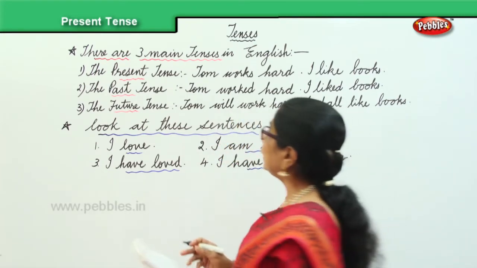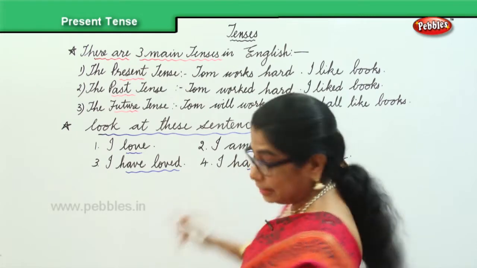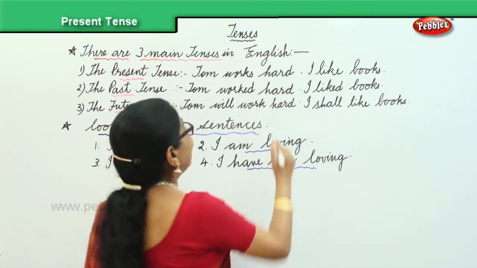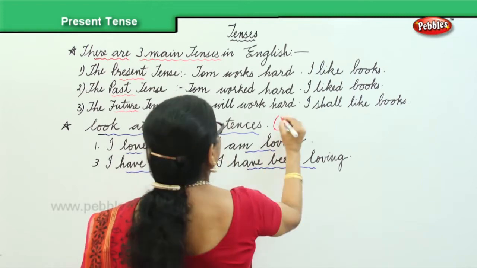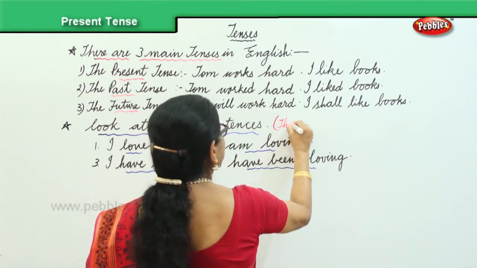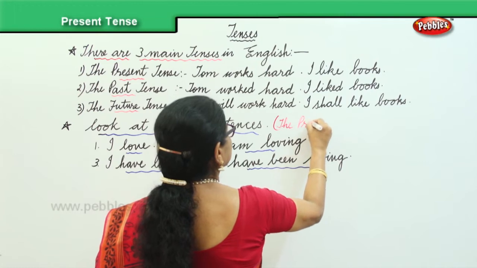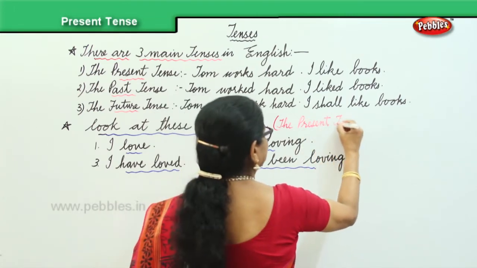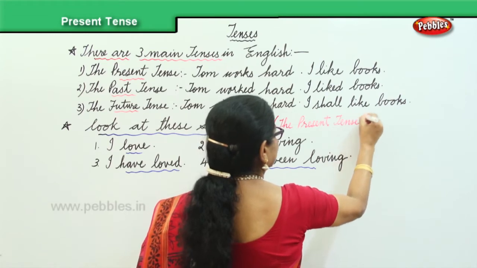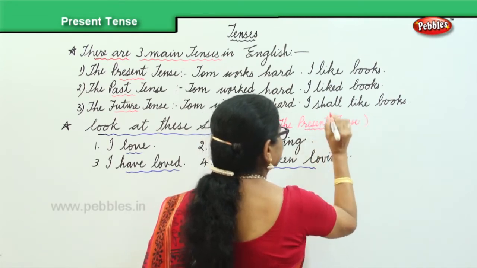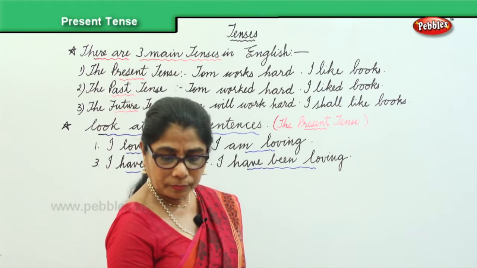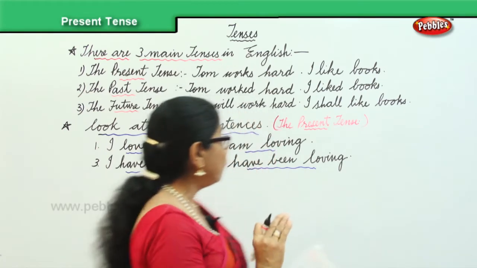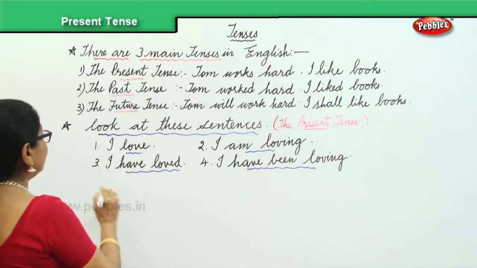So this is the present tense. What are we talking about? I'm talking to you about the first one, the present tense. In the present tense, I said there are 4 types.